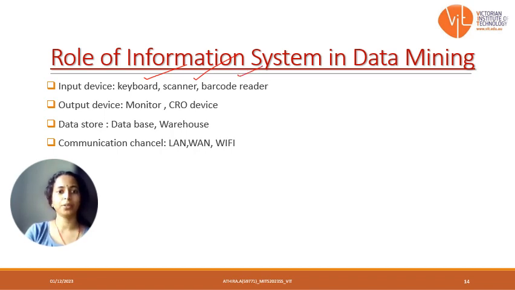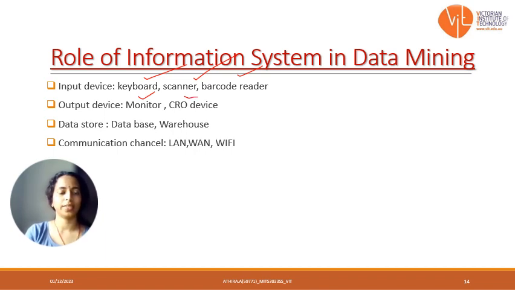Then output devices, because after evaluating the pattern we want to see it, right? So we need monitors or CRO. CRO means a device used for knowing the variations or patterns. So with the CRO we can evaluate the patterns.